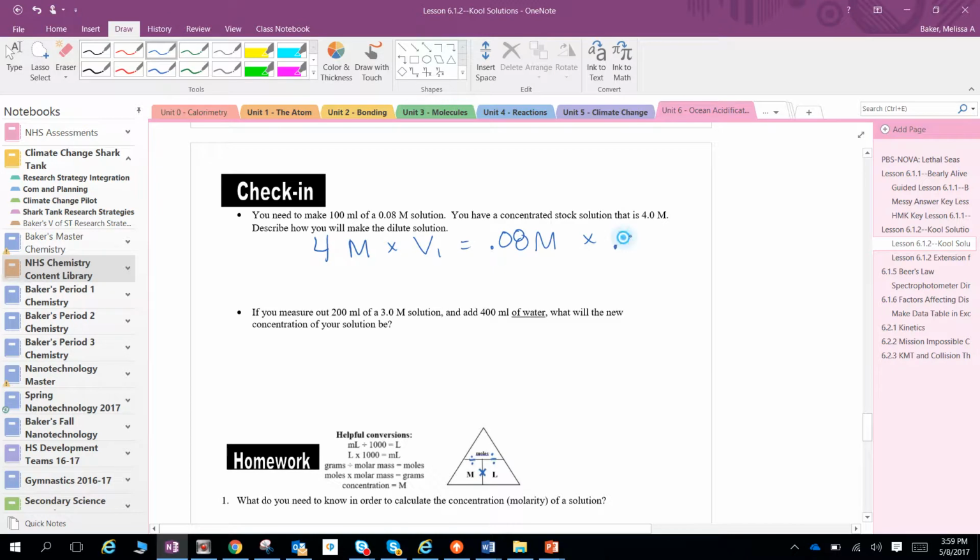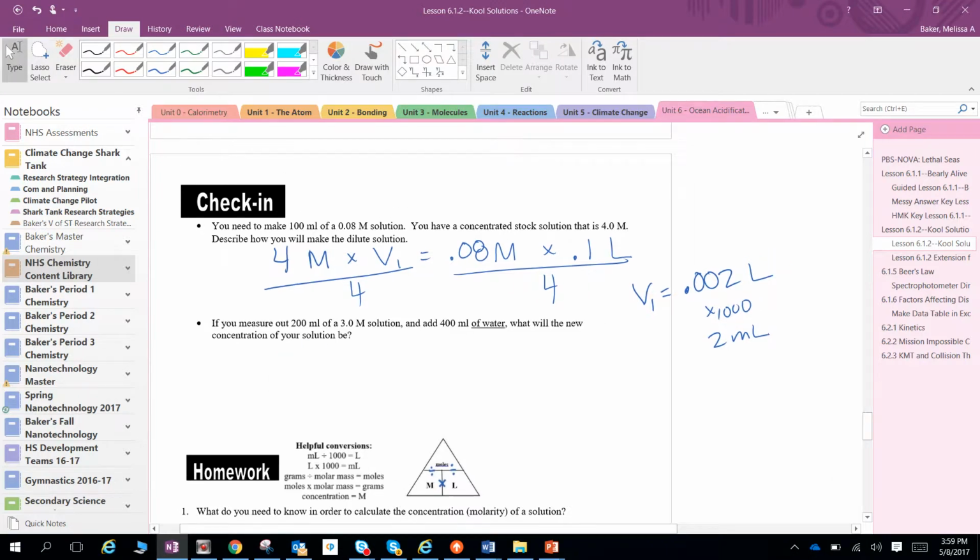I'm going to change my milliliters into liters just to keep consistency, but I don't have to do that. I could have left it in milliliters. I'm going to divide both sides by 4 to get V1 by itself. V1 comes out to be 0.002 liters. Times by 1,000, that's 2 milliliters.